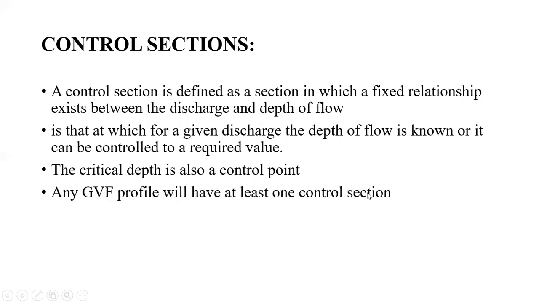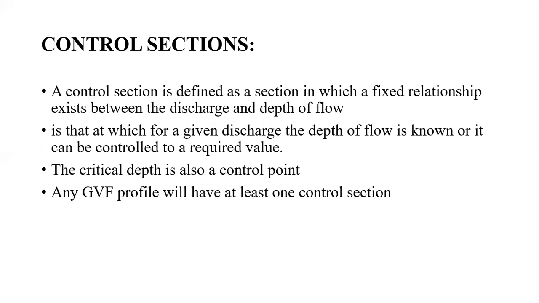The next part is that for any gradually varied flow profile, there has to be at least one control section or control point. Surely it has to be, because we saw in the previous session that for any GVF profile, near the CDLs and the NDLs, we showed dotted lines.